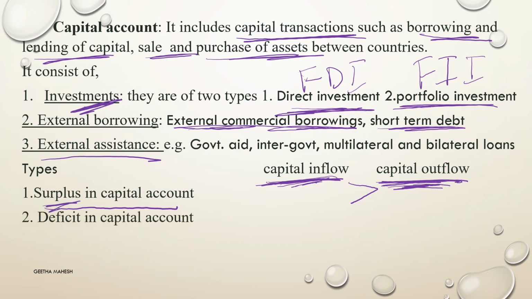The capital account is said to be deficit when the capital inflow is less than the capital outflow. The capital account is said to be balanced when capital inflow is exactly equal to capital outflow. This we call as balance in capital account.